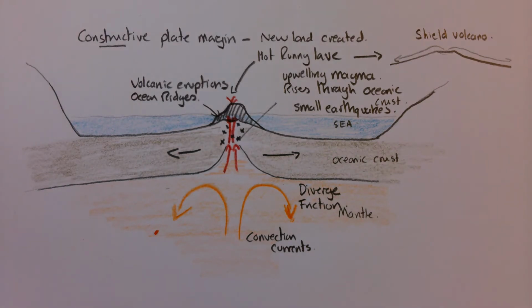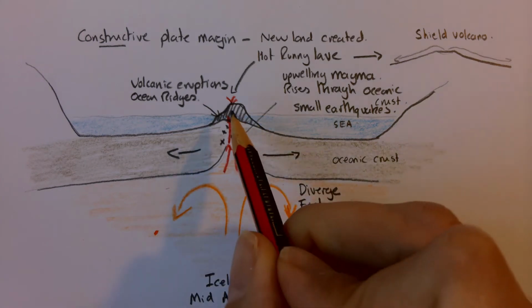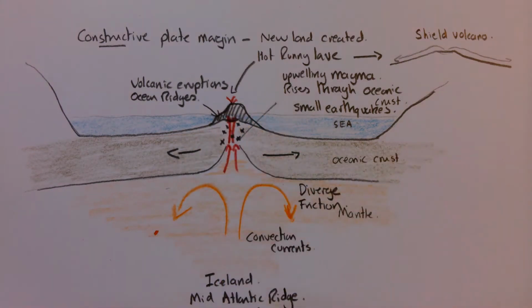A perfect example of where this has happened is in Iceland, which is on the mid-Atlantic ridge. So that line of underwater volcanoes and mountains running down the middle of the Atlantic, where Iceland is, has broken through the surface of the ocean to form a new island.